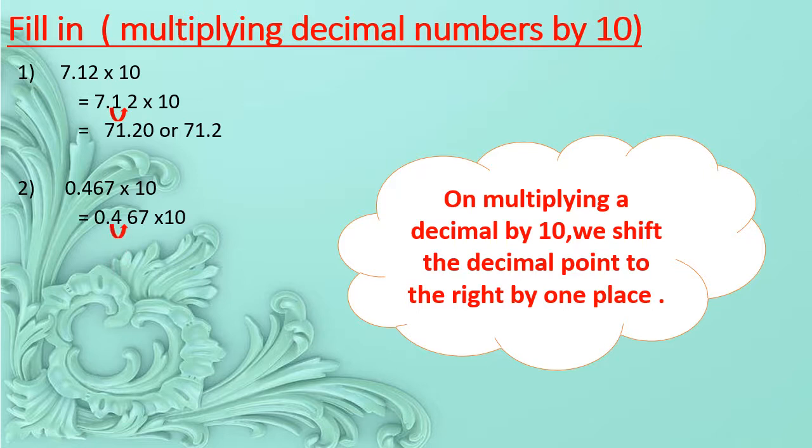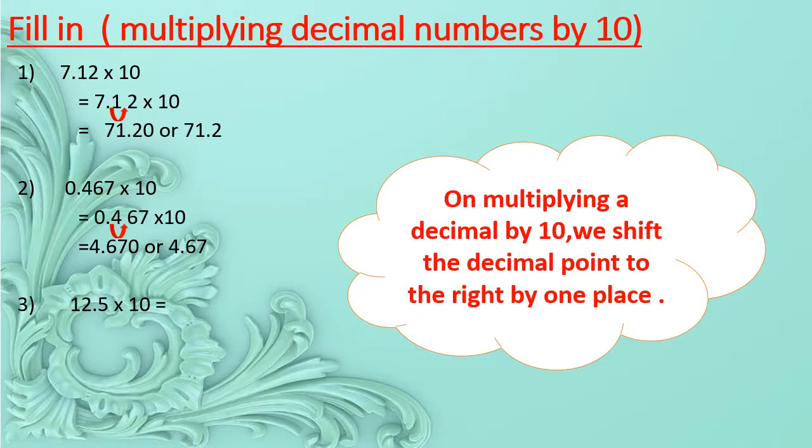Now we are going to have the decimal in between 4 and 6. So our final answer will be 4.670. After multiplication we are having 4670, but we have to put the decimal point, so we shift it to the right by one place, as 10 has one zero.